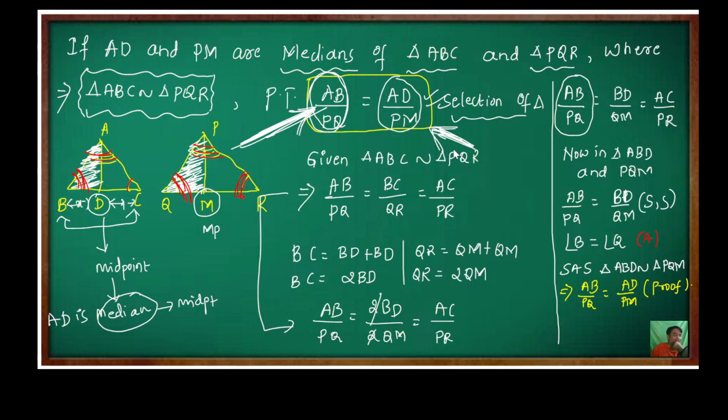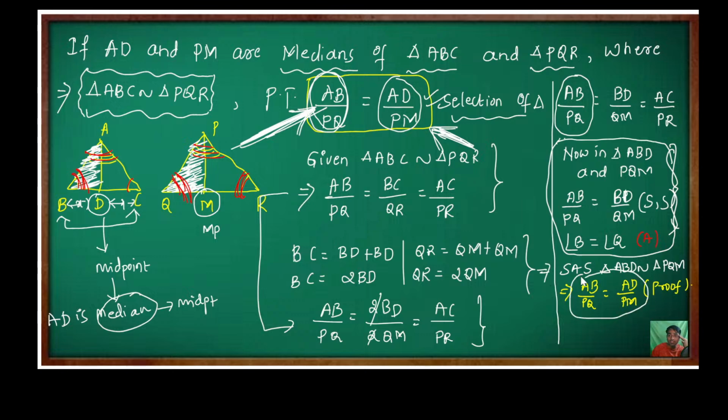Clear everyone? So very simple, those 2-3 things you need to remember: starting, finding this, replacing here, and selecting the triangles. Selecting triangles and proving those two triangles are similar, finally writing our needed portion.